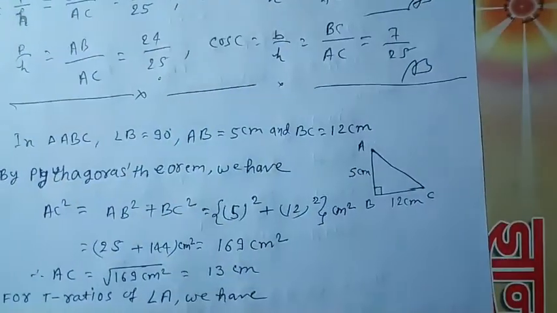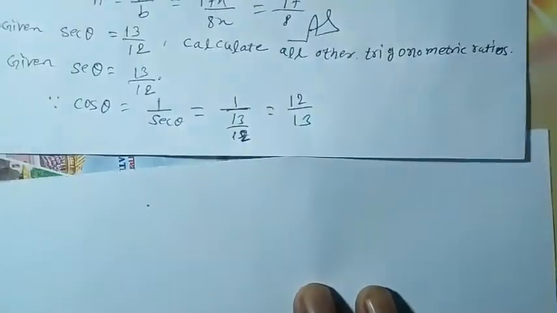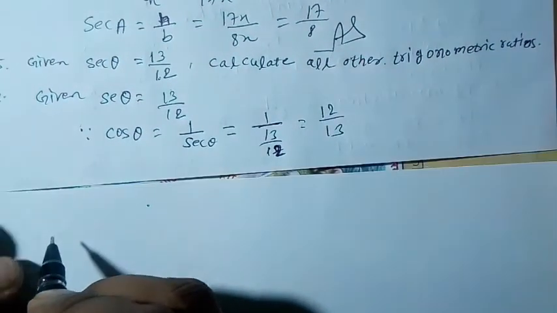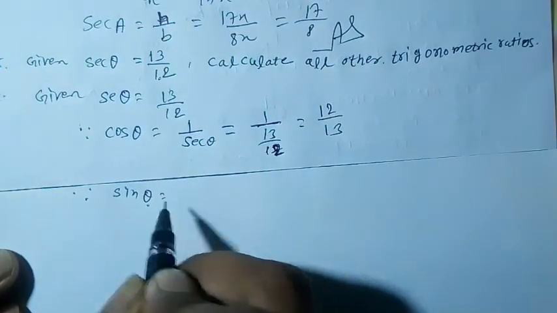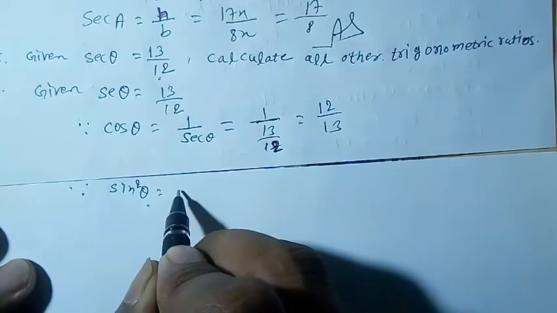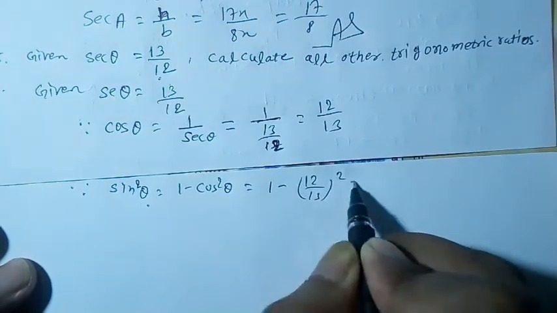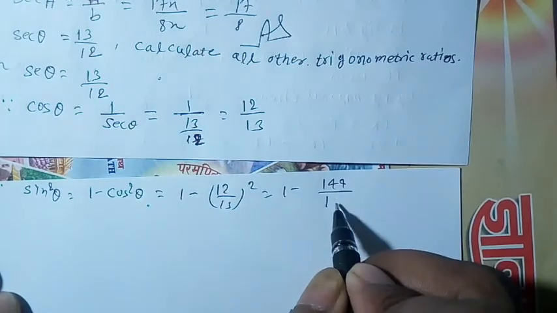Now, sin squared theta is equal to 1 minus cos squared theta, which is 1 minus (12 by 13) squared, equal to 1 minus 144 by 169.